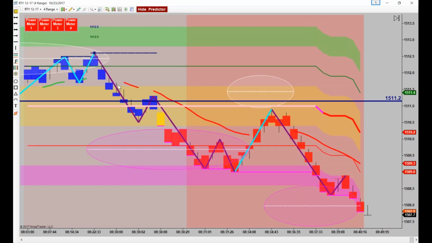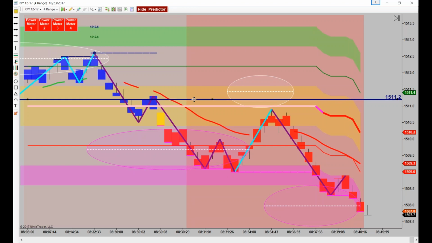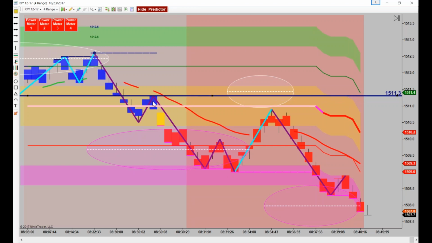You've got a high, you have a low, you have a lower high, you have a lower low, you have a lower high, but you don't have a lower low, right? See that? Wicked. So where is your identified swing on the left? Isn't it right here? See that swing?